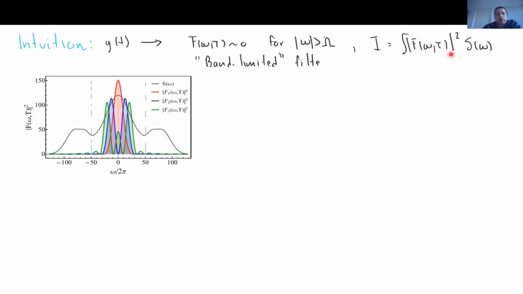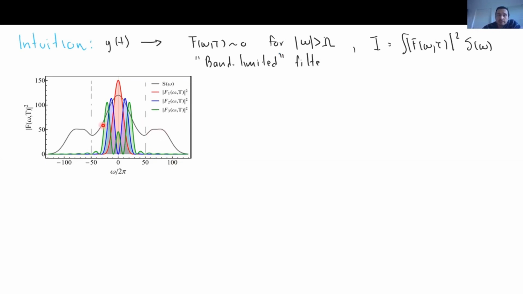So what you quickly realize is that if all the filters that you can generate are always band limited, then the spectrum outside could be whatever you want, because the overlap will always be extremely small, right? Then it really doesn't matter what it is outside of this region.